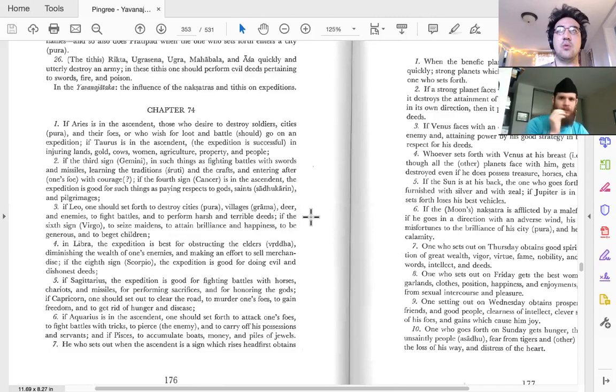And then Saturn is really oppressive and hateful and avaricious in the way that he delineates in most of these chapters. So that's why with Leo, one should set forth to destroy cities, villages, deer, because deer are so innocent and sweet, enemies to fight battles and perform harsh and terrible deeds.